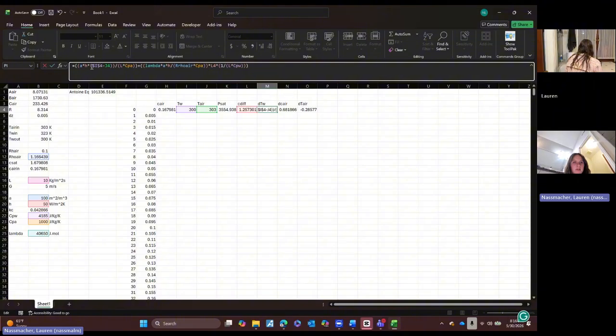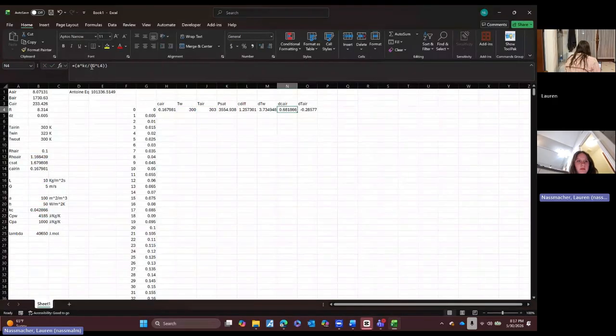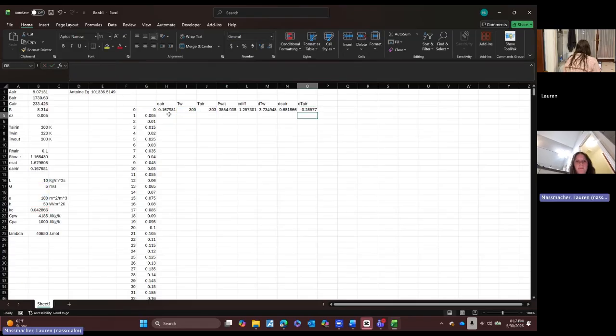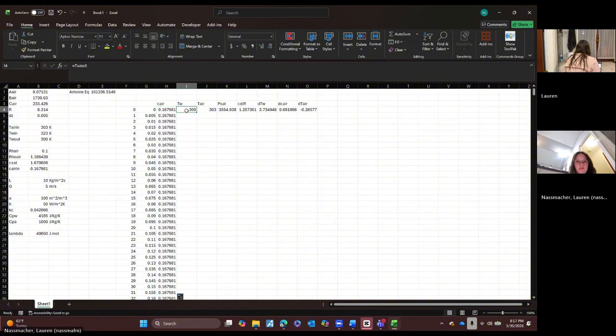This will not change, this will not change, this will, oh, sorry, just the first letter will not change. Lambda, rho, CPA, that will not change. Okay, this one, we have our L4, that will change. And these two will change. Bam. Okay, let's drag these down.